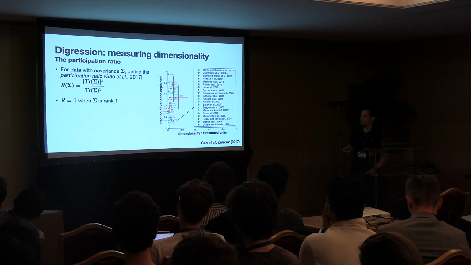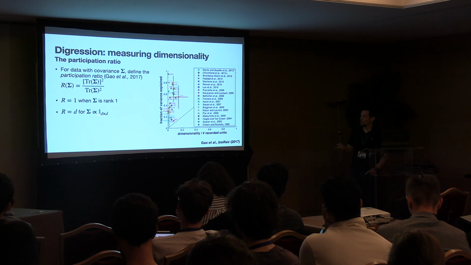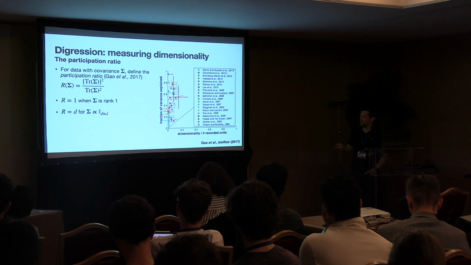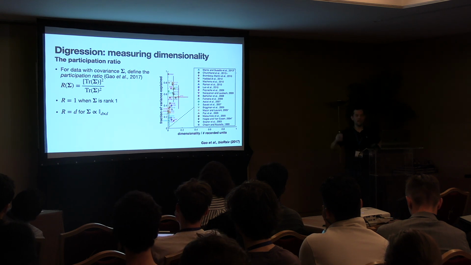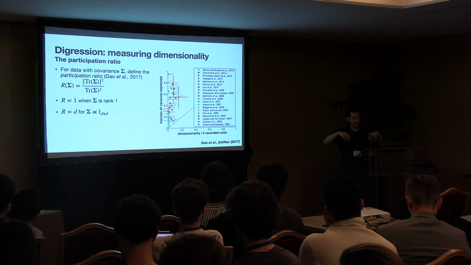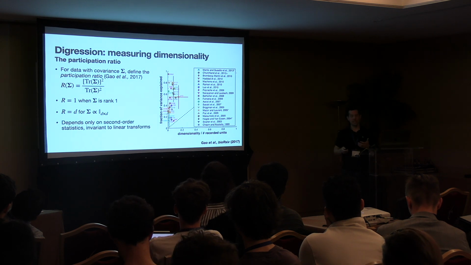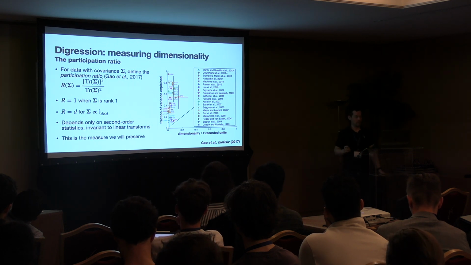The properties are really simple. When sigma's rank 1, the participation ratio is 1. When sigma is proportional to the identity, in d dimensions, you get d. If you have any ellipsoid shapes, that's going to reduce the participation ratio. And so this gives you a measure of dimension that depends only on second order statistics, is invariant to linear transforms and all these other things. So this is the measure that we're going to work with.